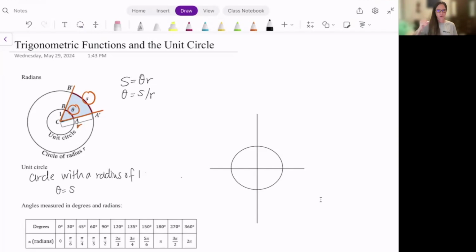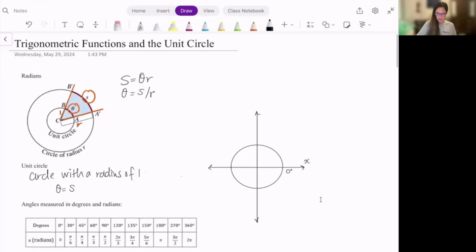For reference, a circle has a full revolution of 360 degrees. If I look at this circle here, and I have a starting point, the x-axis, let's say that's 0 degrees. If I go all the way around, that's going to get me to 360 degrees. 360 degrees is equivalent to 2 pi radians.